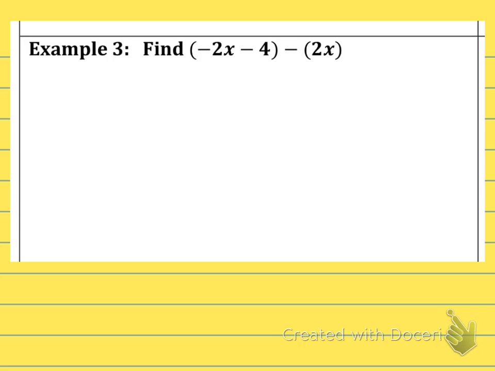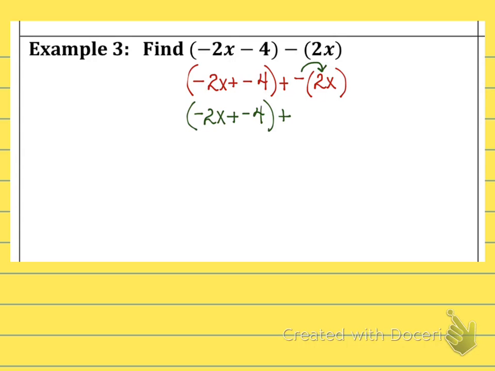For example 3, we have subtraction I need to change in the first set of parentheses. So I'm going to make that plus negative 4 plus the opposite of 2x. We're going to distribute just the negative to the 2x. So the first set of parentheses stays the same, negative 2x plus negative 4, plus the opposite of 2x is negative 2x.